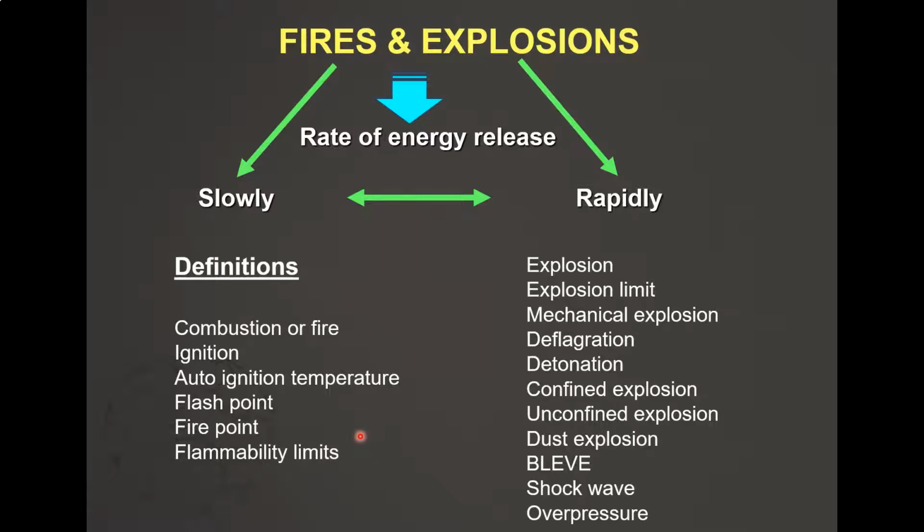Through these lessons, you will be able to determine and be familiar with the fire and explosion properties of material, the nature of fire and explosion process, and also the procedures to reduce fire and explosion hazards.